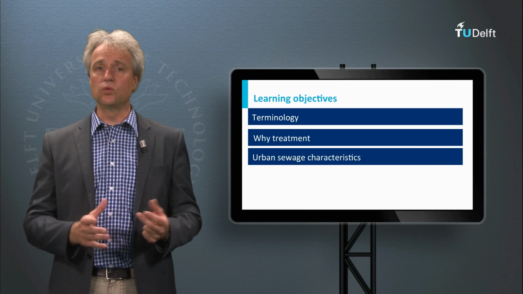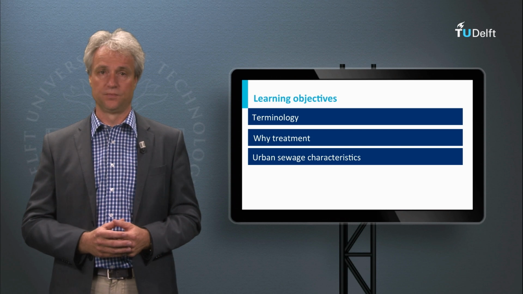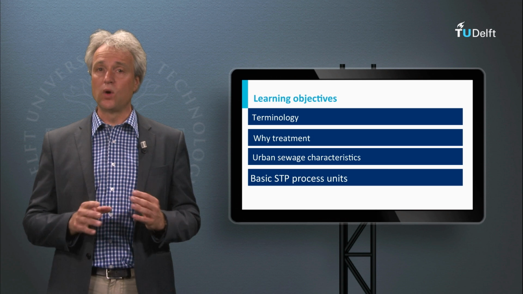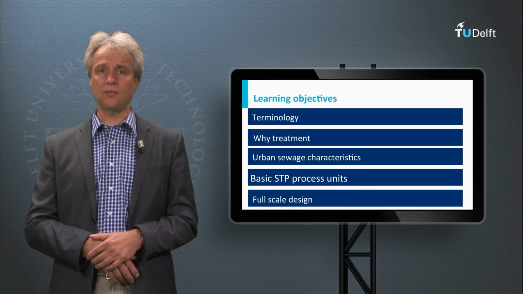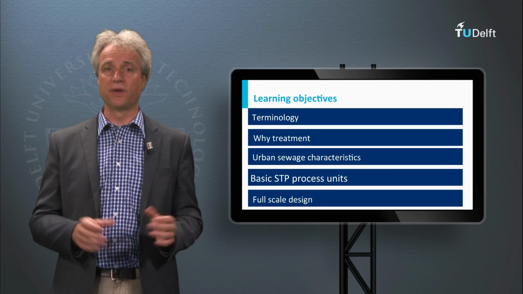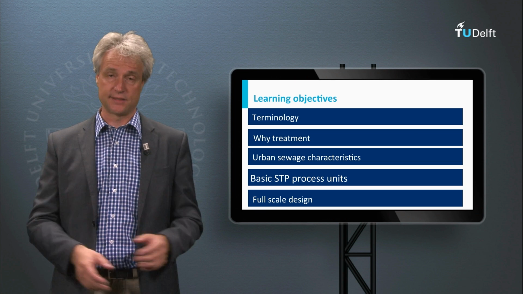Third, we need to understand the nature of the pollutants and the characteristics of the sewage in general. Fourth, what does a sewage treatment plant look like and what are all the functional units in fact doing in the treatment plant? By finishing this course, we should be able to design a full-scale sewage treatment plant using the design features commonly applied in the Netherlands.